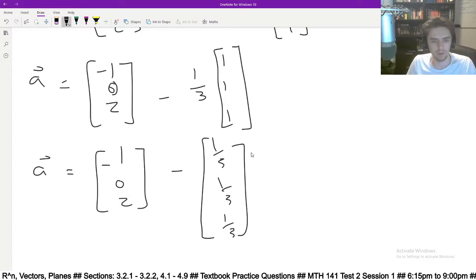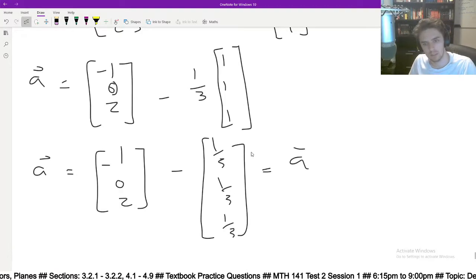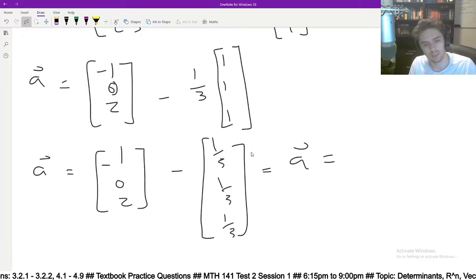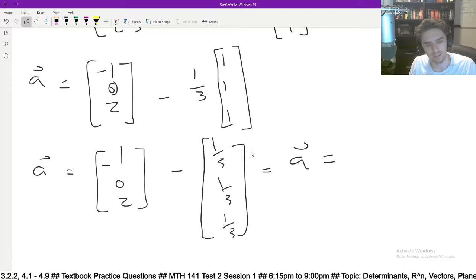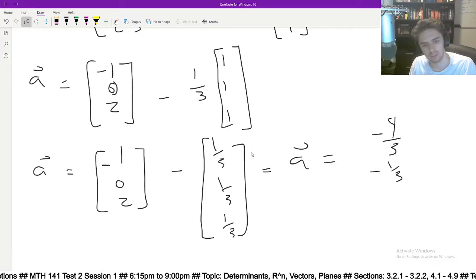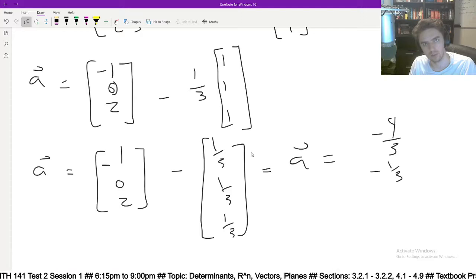Negative 1 minus a third is negative 4 thirds. 0 minus a third is negative a third. 2 minus a third is 5 thirds.